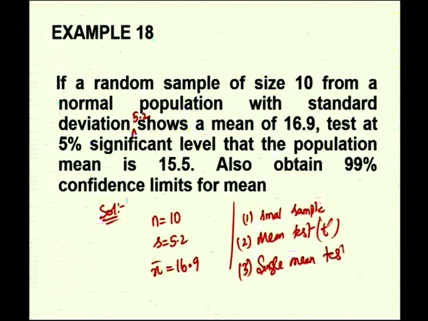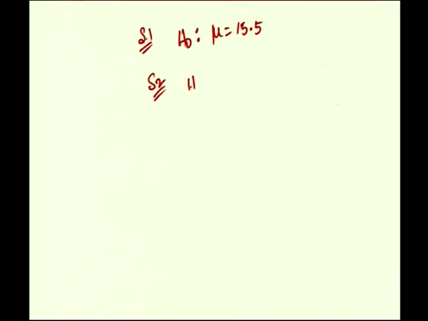Okay. So step 1 is setting up of H naught. I will just go quickly, because this type of problem already we have done. This problem is mainly concentrated on calculating 99% confidence limits, because all the other procedures are the same.